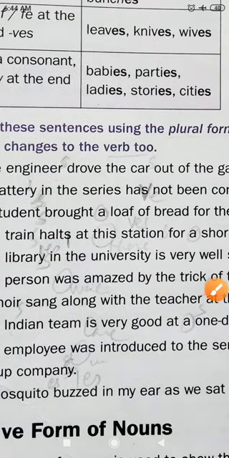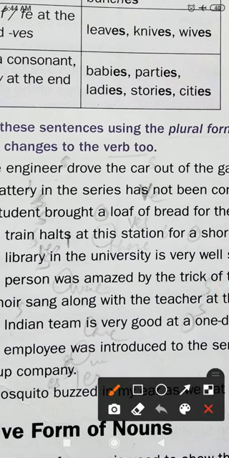In place of university we add universities. We remove y and write ies: universities. And in place of is we write are: universities are well stocked.